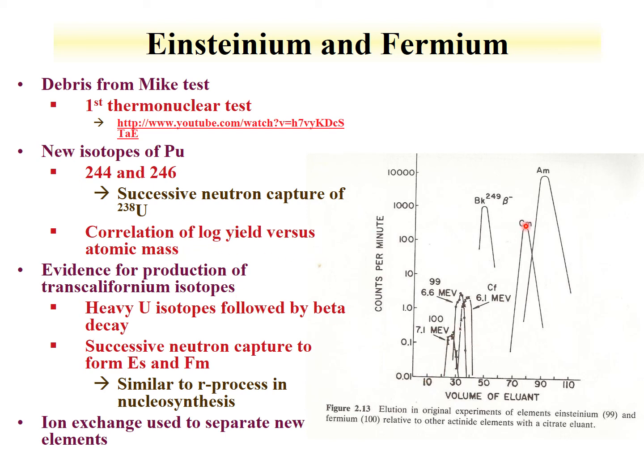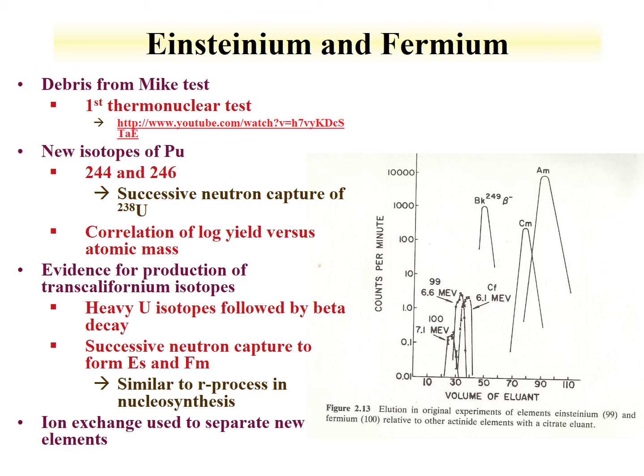There was an example here of the log correlation of the yield versus the atomic mass. So this is an example of nuclear forensics where one was able to identify information about the yield of a test from the production of different isotopes.